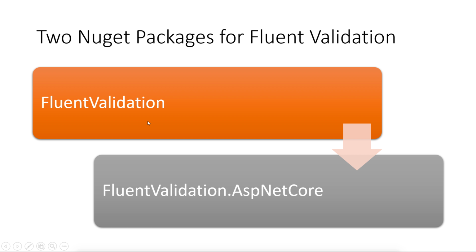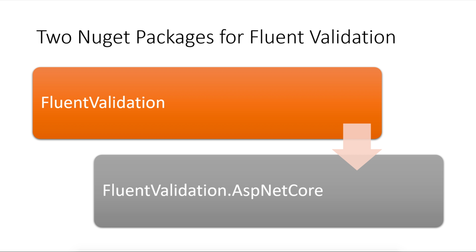So there's two packages. The first one contains just what you need to get validation up and running using Fluent Validation. Now, if you're using it in ASP.NET Core, at some point you will need the FluentValidation.AspNetCore package, because this is what allows you to integrate with the inversion of control container that's in place for .NET Core MVC, ASP.NET Core applications.